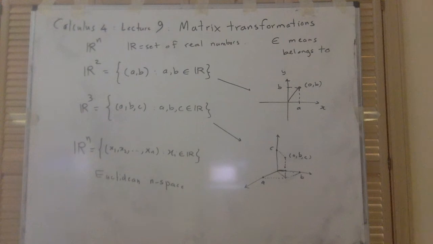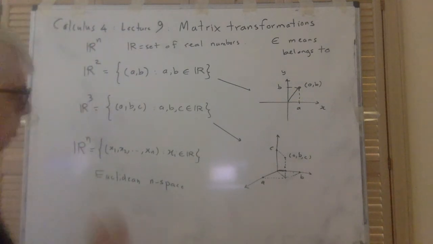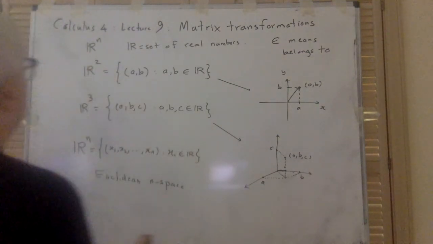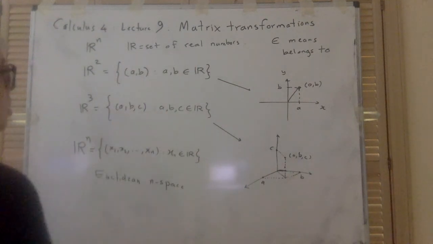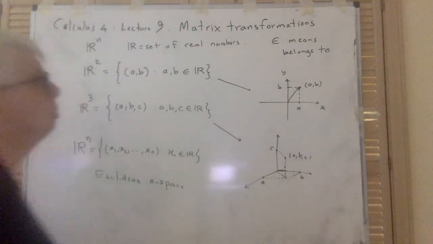Now, before I continue, let me introduce some notation. You have seen these notations, but let's do it for once. Let R be the set of real numbers, and I'm using this notation, which looks like epsilon.